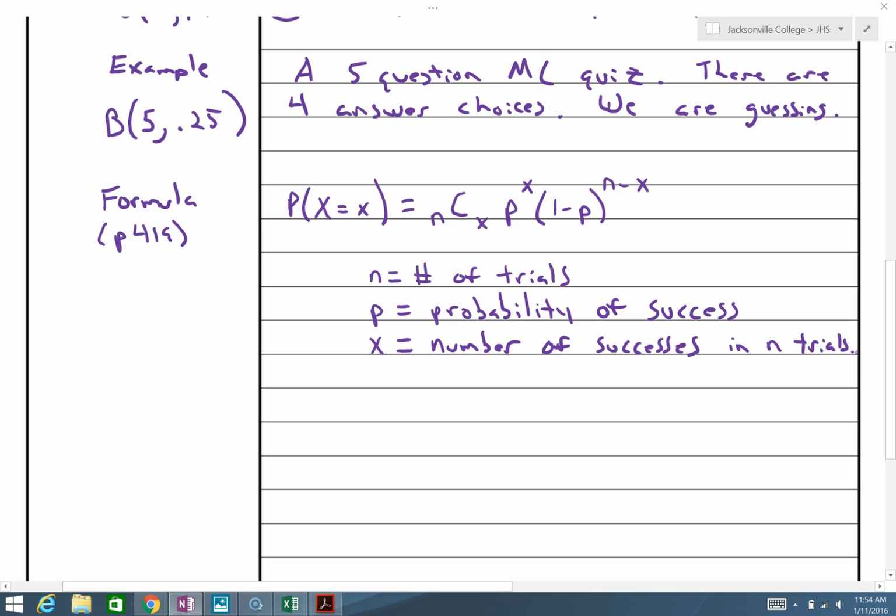Okay. This little factor here is called a combination. It's sometimes called the binomial coefficient because it's the number that's multiplied by this term over here. Also called the binomial coefficient in this context.